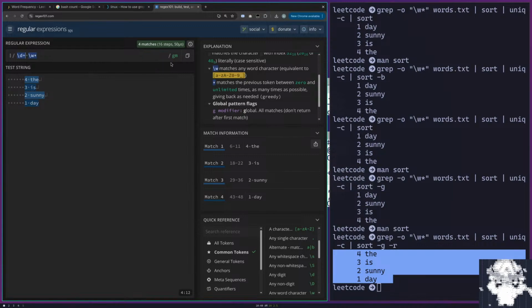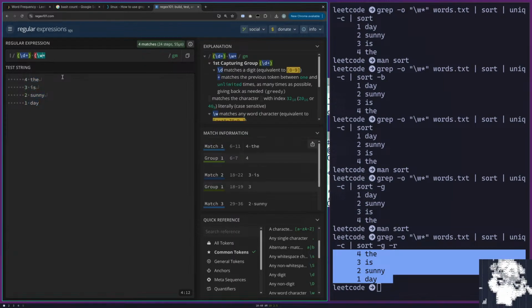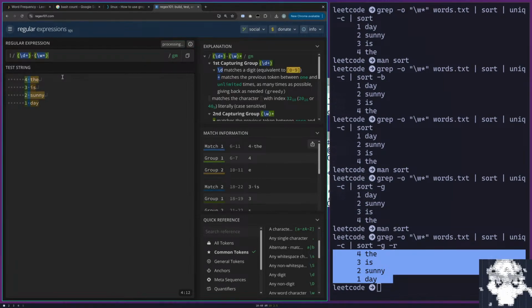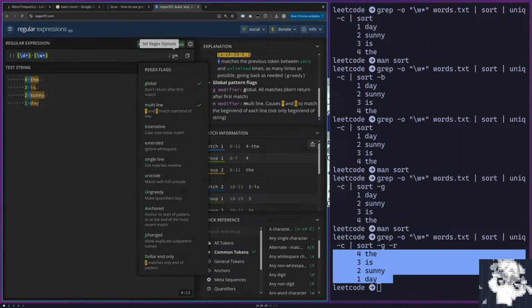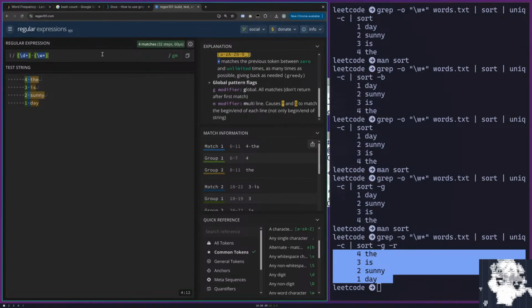Okay, now how do I do a substitution? Well, okay, I also want to capture the first group and the second group, so you put parentheses around them to do that. How do you do a substitution?